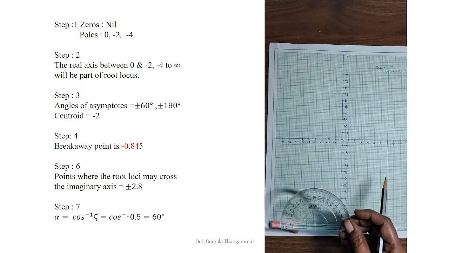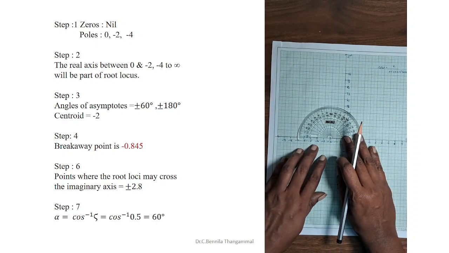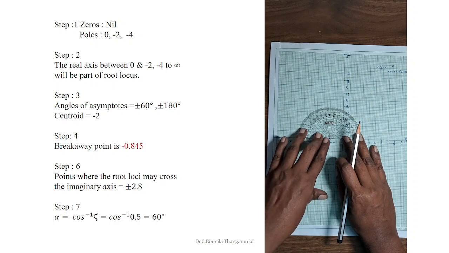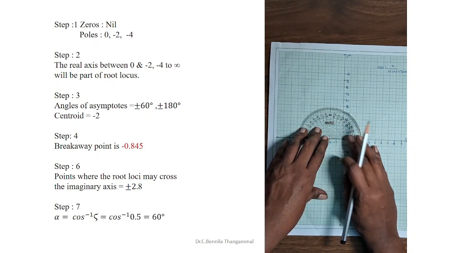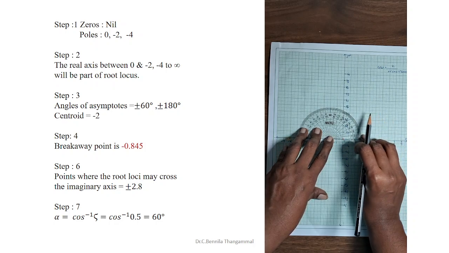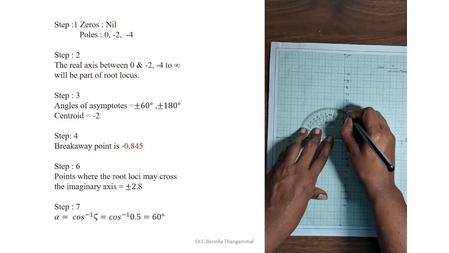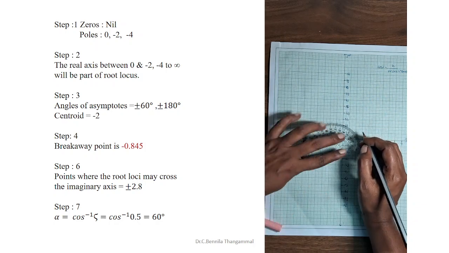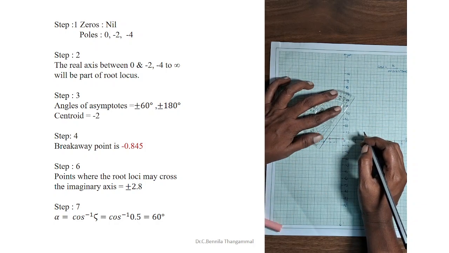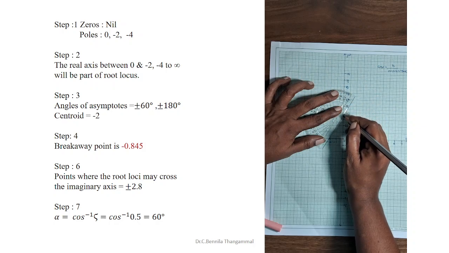For plus or minus 60, keep the protractor at the centroid and mark the 60 degree. Connect the centroid with the angle of asymptotes in a dotted or dashed line.